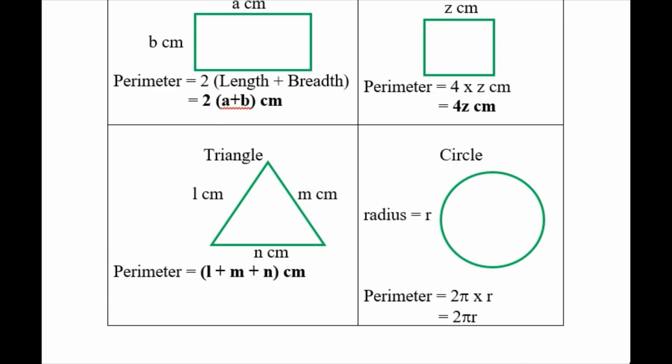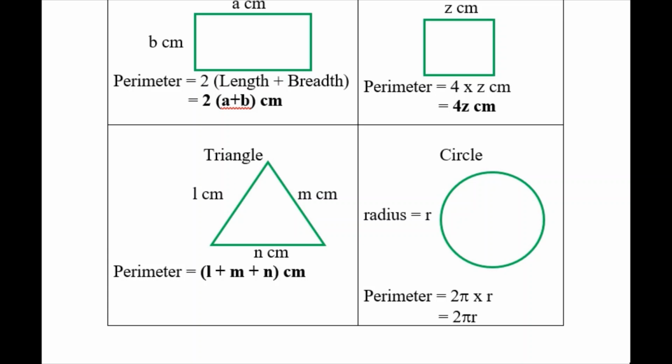When the radius is given, we can say that the perimeter is equal to 2 pi r. So what is this pi? Pi is a constant which we use in maths, most of the time when it comes to the lesson on circles, and you have to keep it in mind all throughout this lesson.